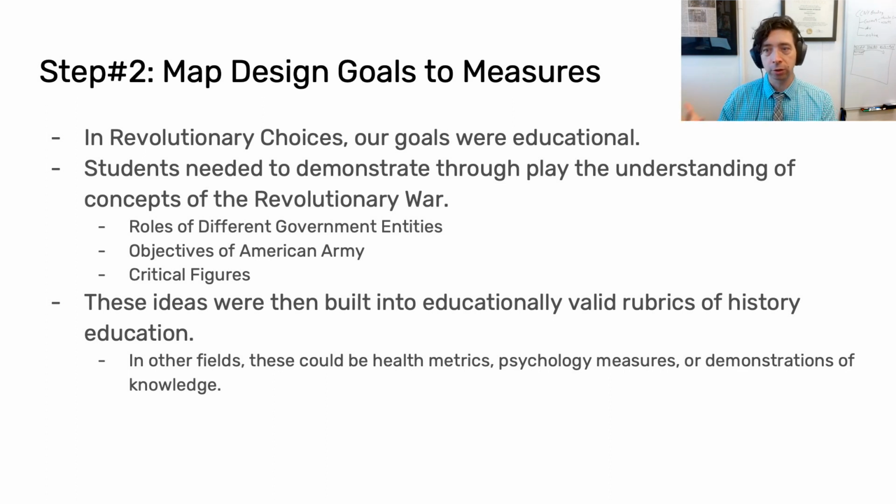In Revolutionary Choices, our goals were educational, right? And so we had this list of design goals, which I mentioned to you, about the roles of different aid entities, the objectives of the American Army, and then some critical figures that were involved. And then we took those ideas and built them into educationally valid rubrics of history education, right?